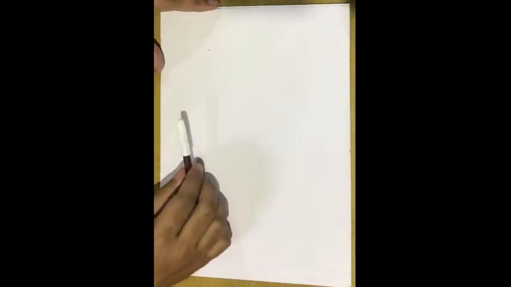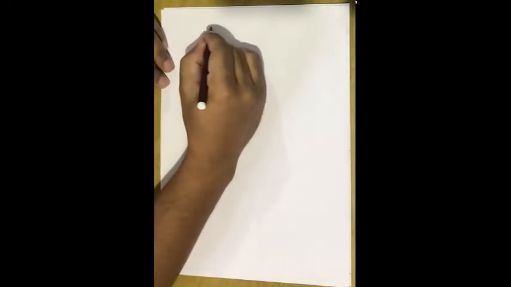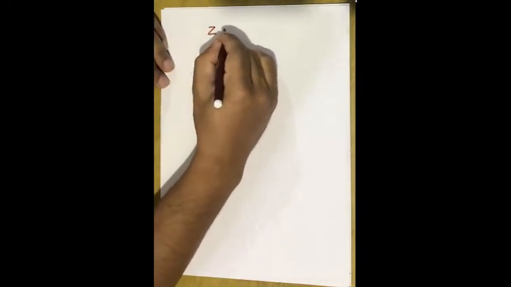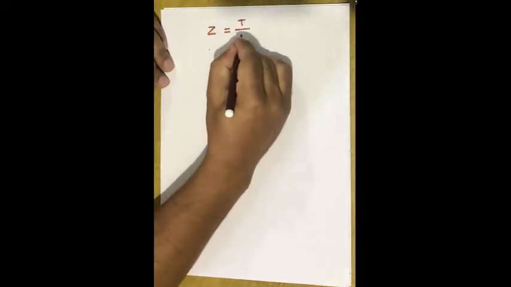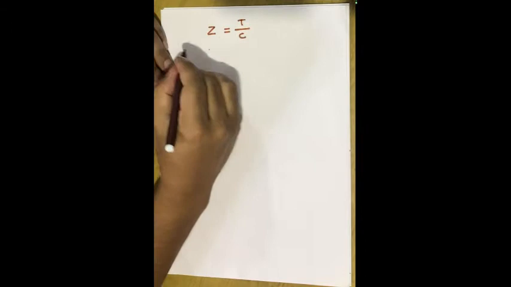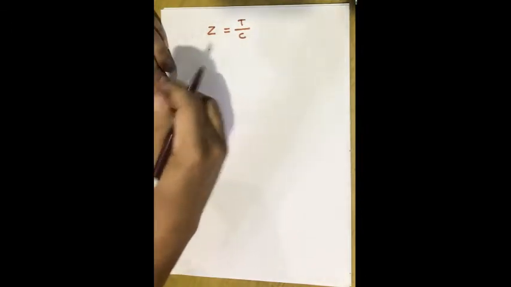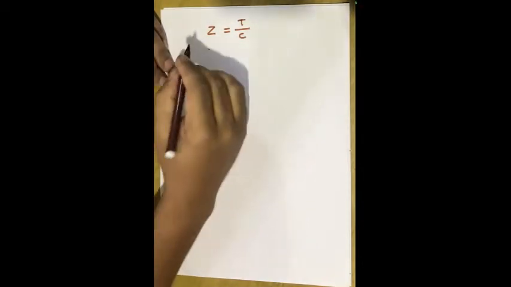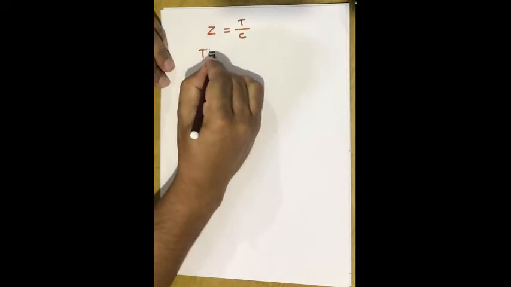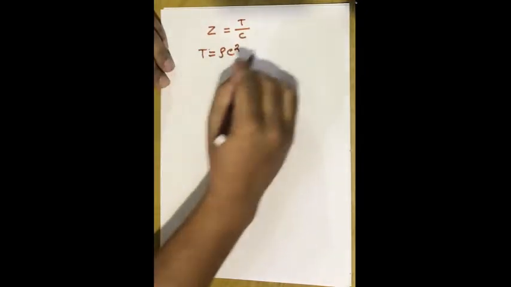In the last part of the video, we obtained that the impedance of a string can be given as Z is equal to T by C. But we also know that for a transverse wave traveling through the string, the relation between tension and velocity is T is equal to rho into C square, which we have already obtained.